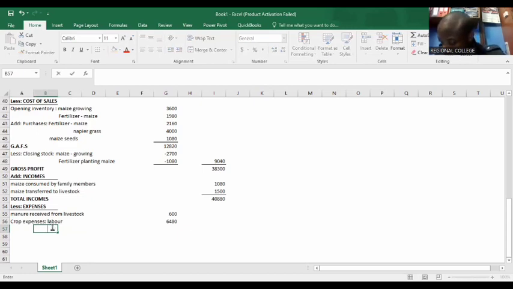Then you have others, that is coming 720. Then there is labor for Napier grass, 1000.